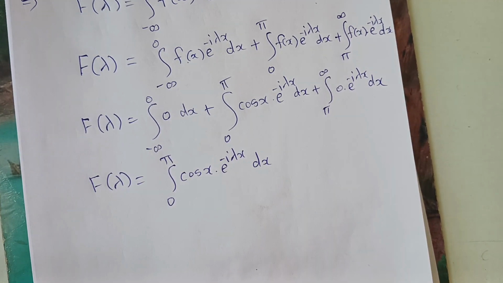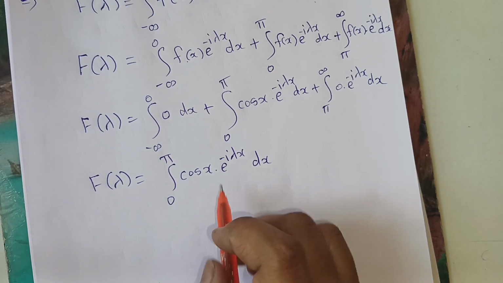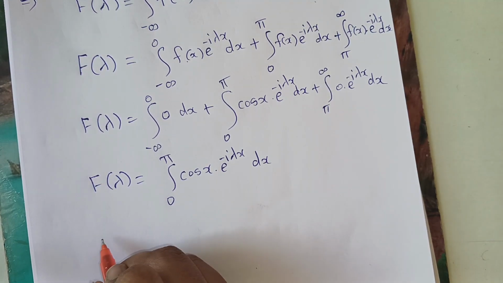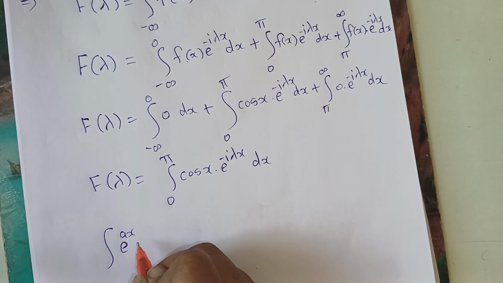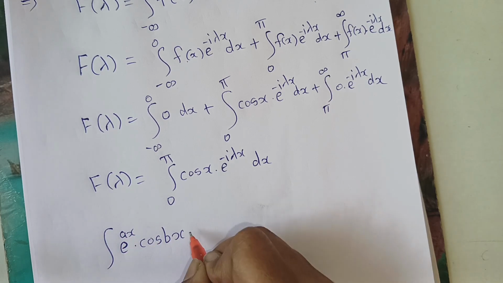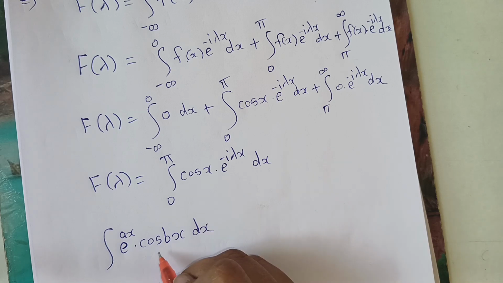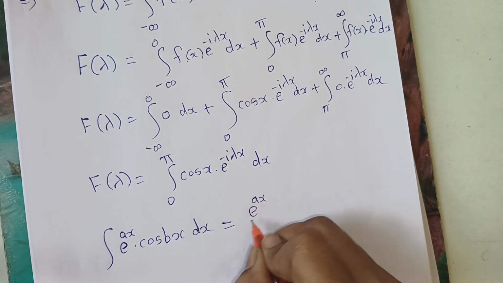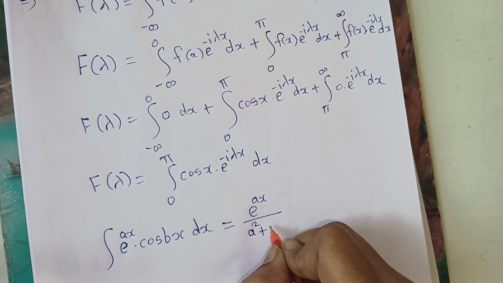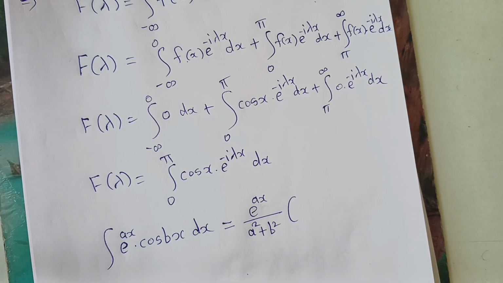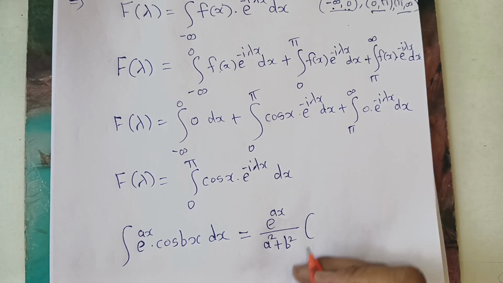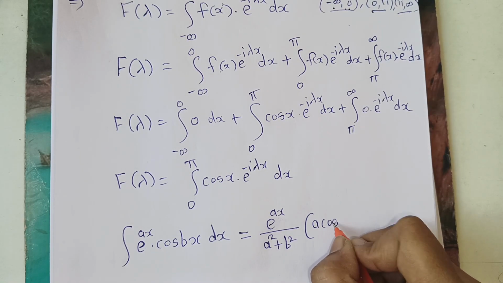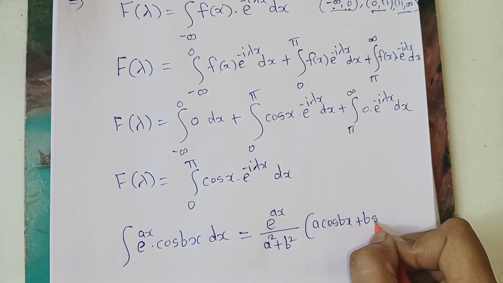In this F of lambda you have an integral of the form e raised to ax cos bx dx. Now we have to find what a and b are. The integral is equal to e raised to ax divided by a squared plus b squared, into a bracket, a cos bx plus b sin bx.